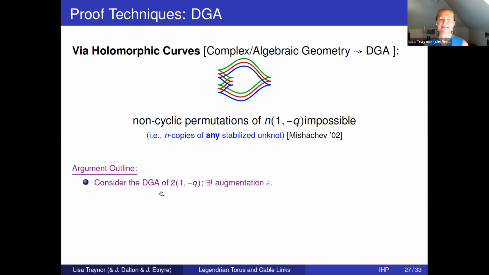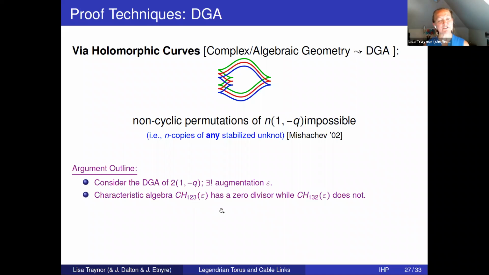You look at one of these unknots and it doesn't have an augmentation, and with DGAs we like to have augmentations. If you look at the 2 copy of this unknot, it has a unique augmentation. Then you can look at the 3 copy of the 2 copy, and there's a characteristic algebra that you can form.